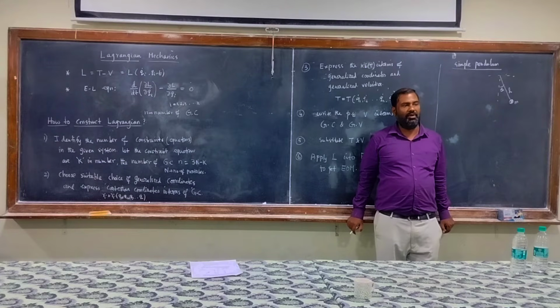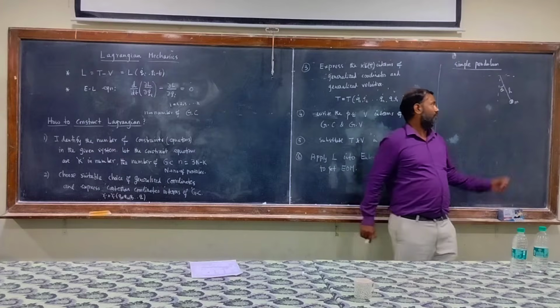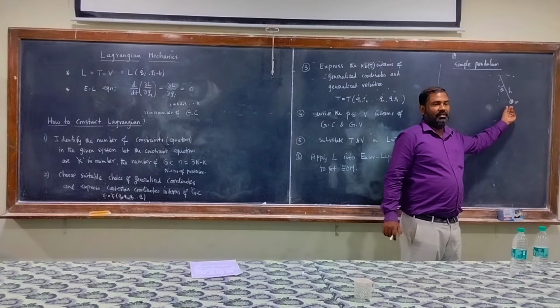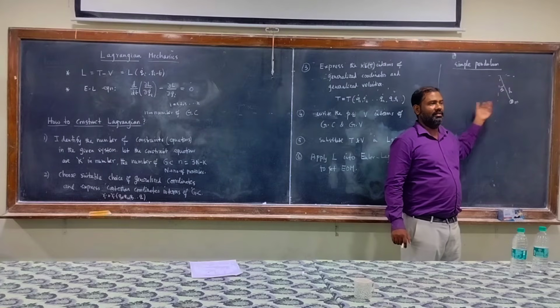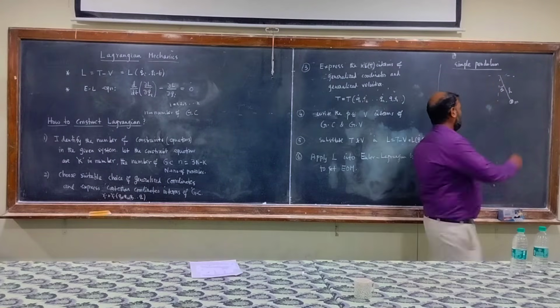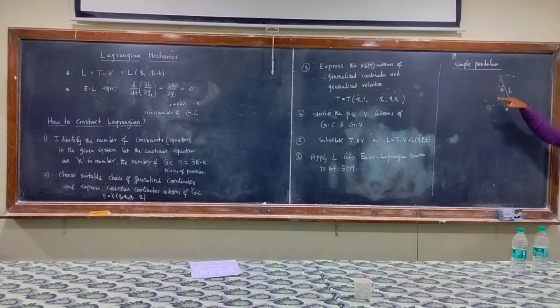Identify the number of constraints. How many constraints are there? The mass cannot move anywhere; it can only move along this arc. There is some constraint to move only along the arc, not this way or that way.